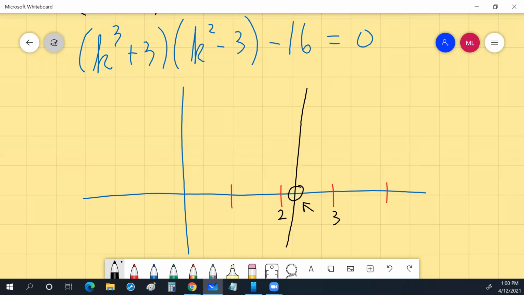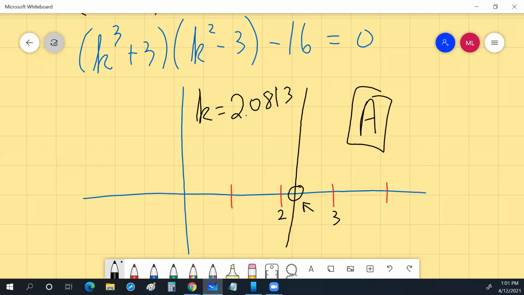And I got k is equal to 2.0813, and it keeps going. I rounded off right there. But that means our answer is A. Yeah, option A on the multiple choice.